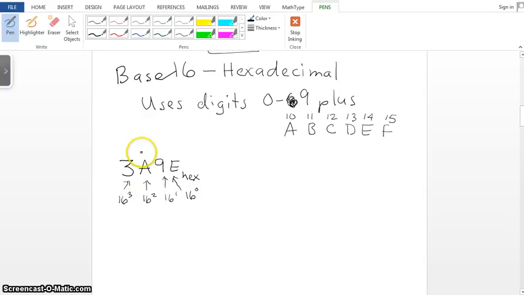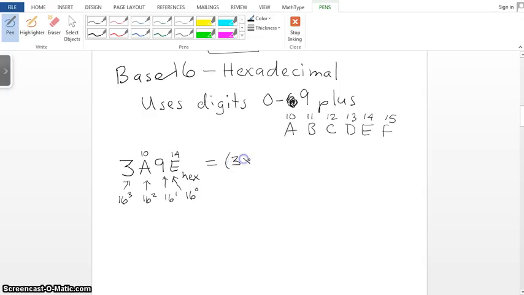Remember that A stands for 10 and E stands for 14. Every time I work with the base 16 or hexadecimal system, you'll always see me write these letters out to the side because I can't remember all those numbers. I just write down A through F and then put 10 through 15 so that you can reference them pretty quickly. Alright, let's see how this comes out.